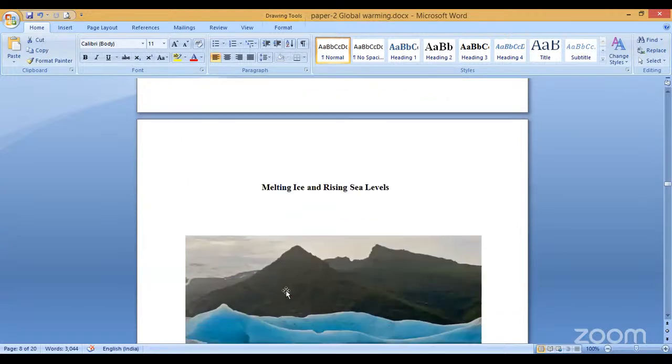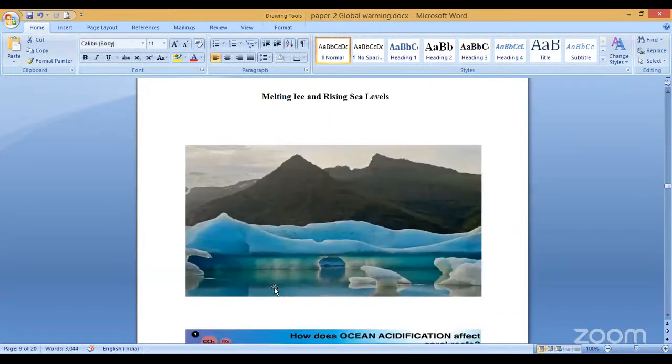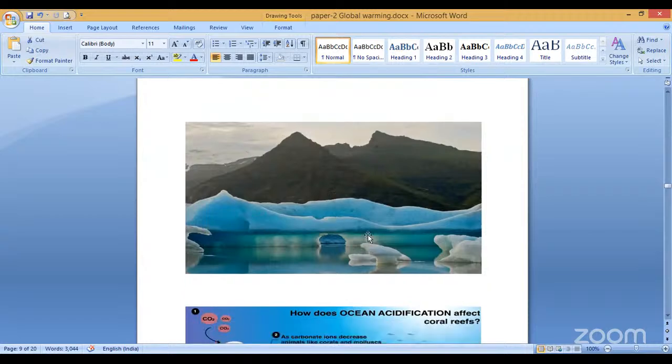This is about melting ice and rising sea levels. When the ice melts, what will happen? The sea levels can increase. This is the region where the total place is occupied by ice.